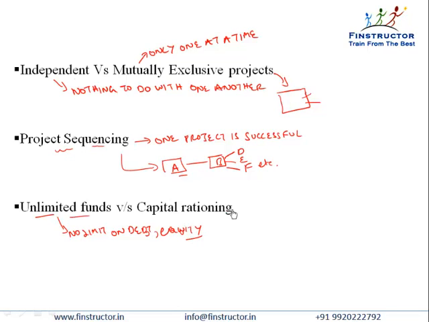Capital rationing, on the other hand, works with limited funds. So there is a limit on the amount of debt and equity that we can raise, and we pick the best projects to maximize the value within these limited funds.